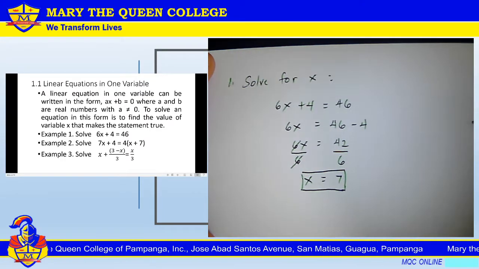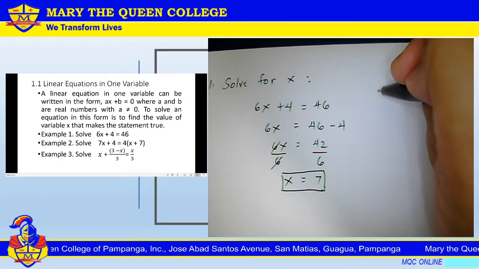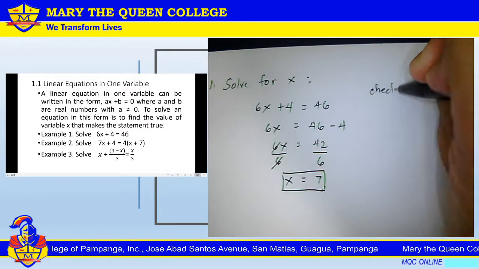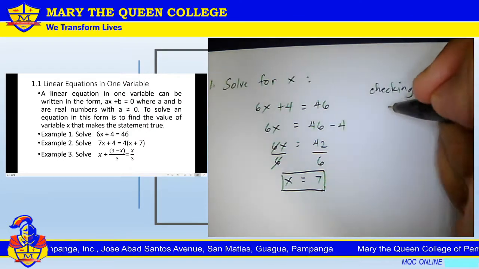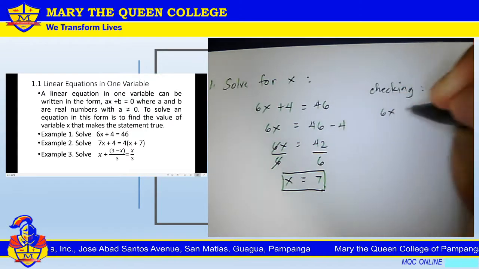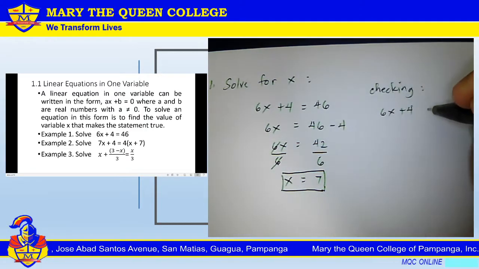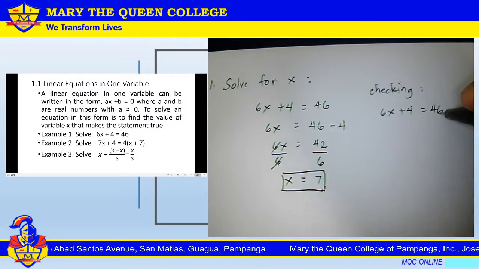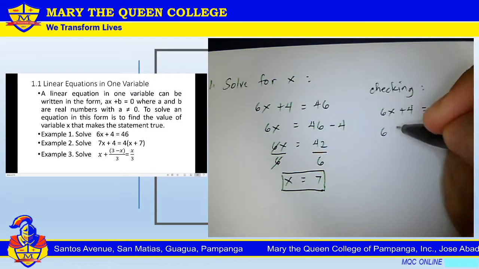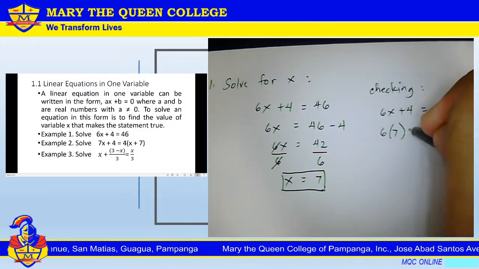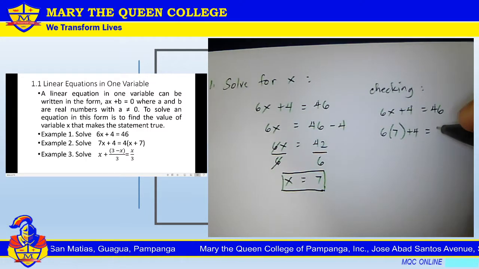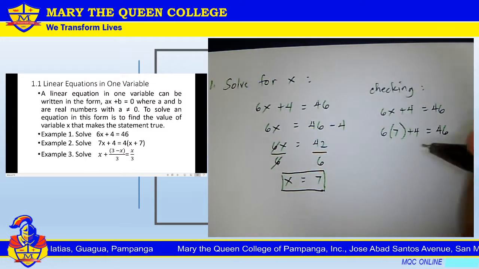If you want to check this, you may use the same value in the original equation. So we have 6x plus 4 equals 46. Substituting x by 7, we have 6 times 7 plus 4 equals 46.